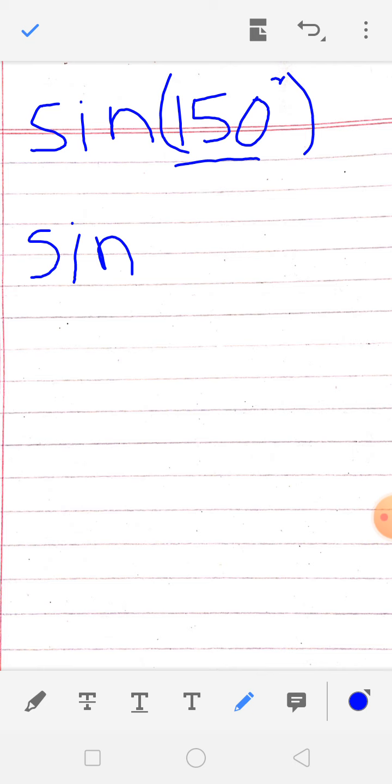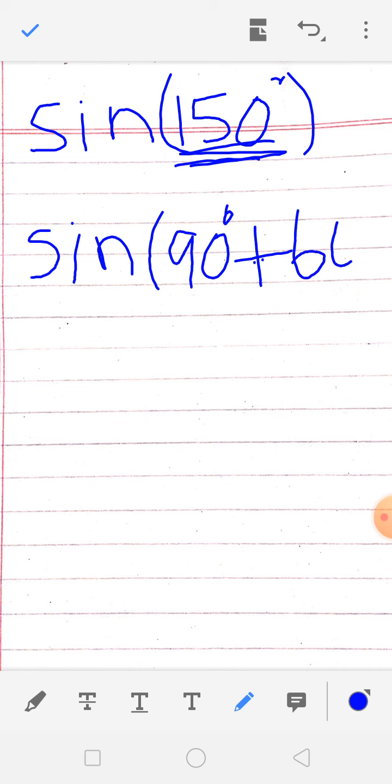Sine of 90 degree, here plus or minus, what? Okay, so 90 degree. So what number do we add to 90 degree to get 150? So 60 degree. That's it. Sine of 90 degree plus 60 degree. Okay.